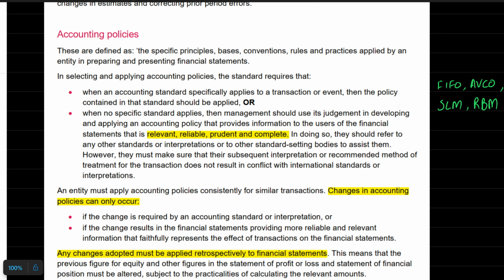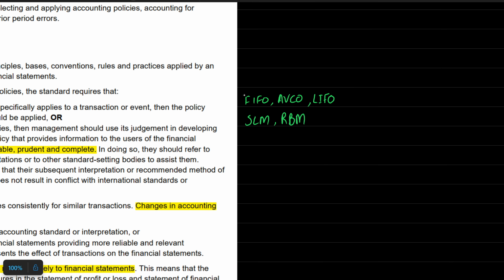Students, for inventory valuation methods, there are three methods: first in, first out, AVCO, and last in, first out. For depreciation, we can use straight line method, we can use reducing balance method.